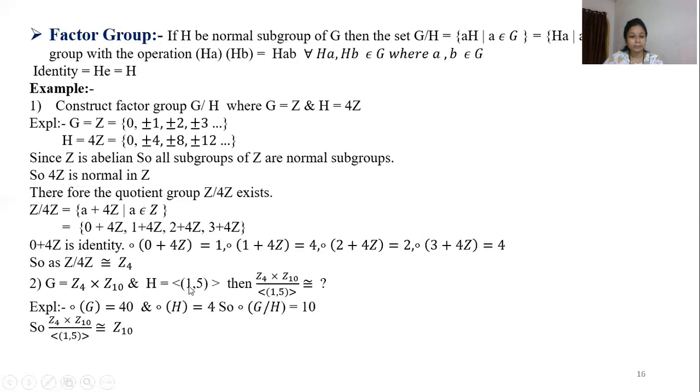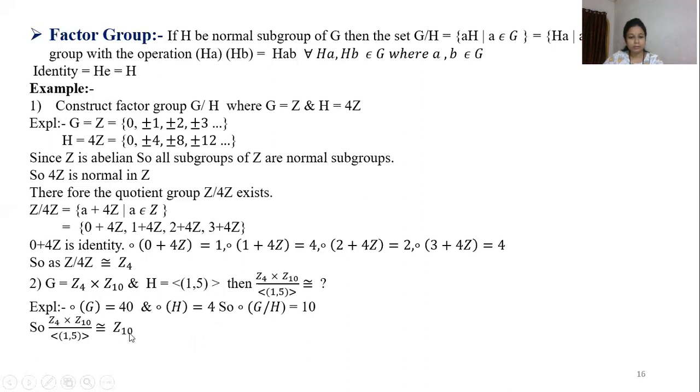It is the LCM, least common multiple, of the order of 1 in Z4 and the order of 5 in Z10. The order of 1 in Z4 is 4. The order of 5 in Z10 is 2. LCM of 4 and 2 is 4. Therefore, the order of this quotient group G/H is 40 divided by 4, that is 10. And since it is of order 10, it must be isomorphic to Z10.